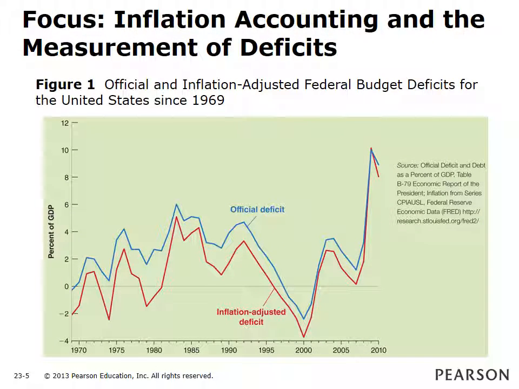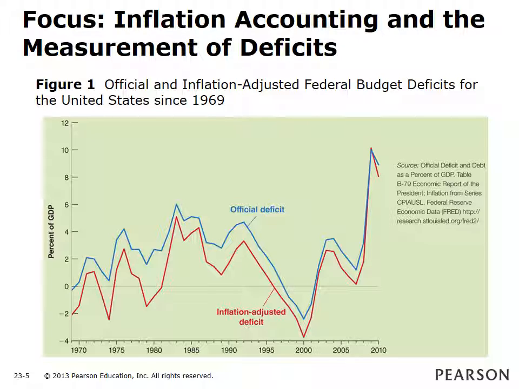Figure 1 plots the official measure and the inflation-adjusted measure of the federal budget deficits for the United States since 1969. The official measure shows a deficit in every year from 1970 to 1997. The inflation-adjusted measure shows instead alternating deficits and surpluses until the late 1970s.